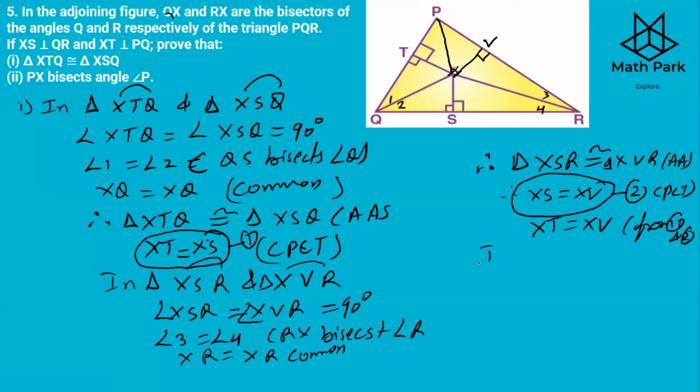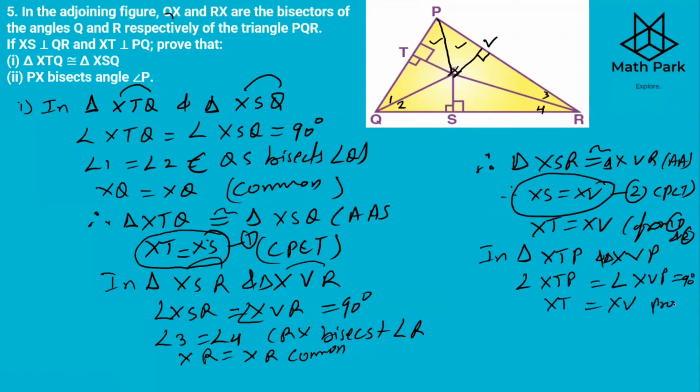Now we will take triangles. Let us take these two triangles now because we have to prove this bisects. So we have in triangle XTP and triangle XVP, you have angle XTP is equal to angle XVP is equal to 90 degrees. This is given. You have XT is equal to XV, you have proved just above.